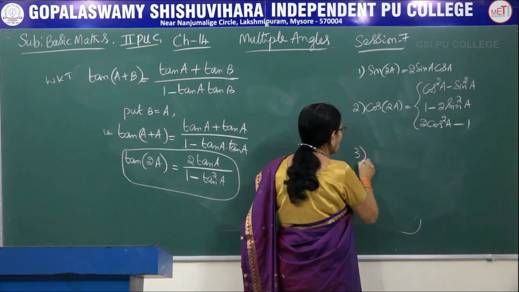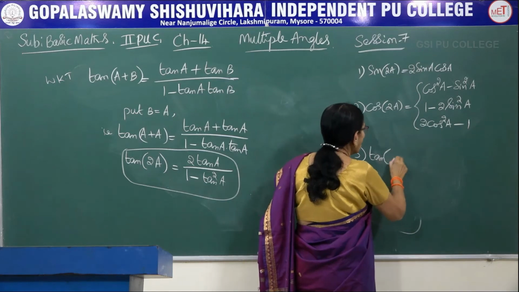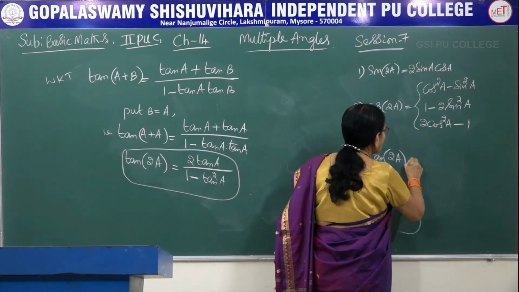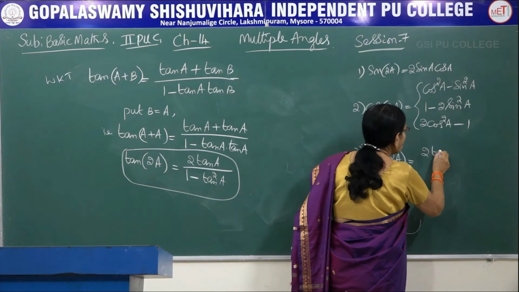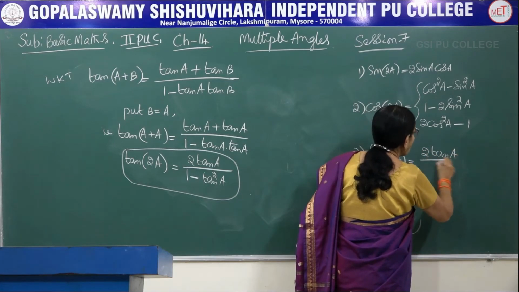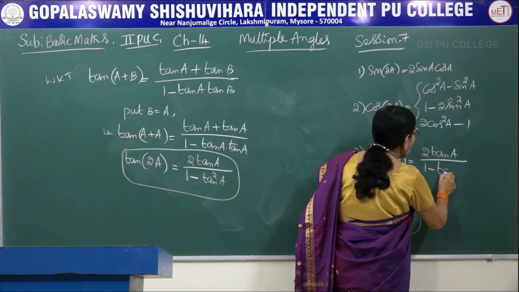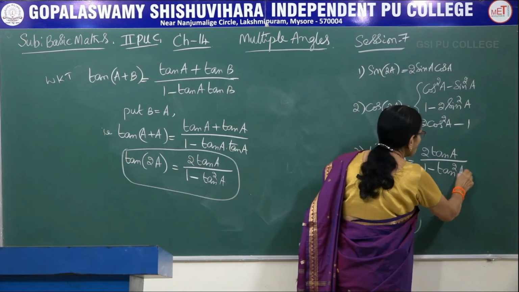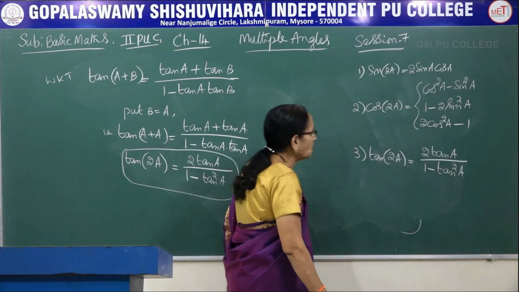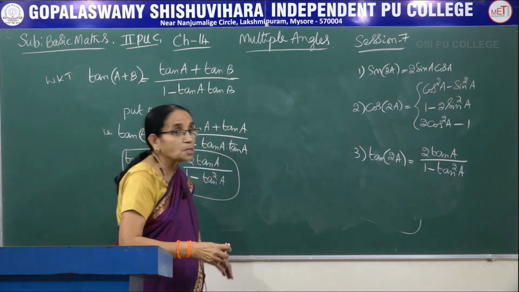And the third formula, tan of 2a is equal to 2 tan a divided by 1 minus tan square a. So these are the three formulae which we have derived just now.